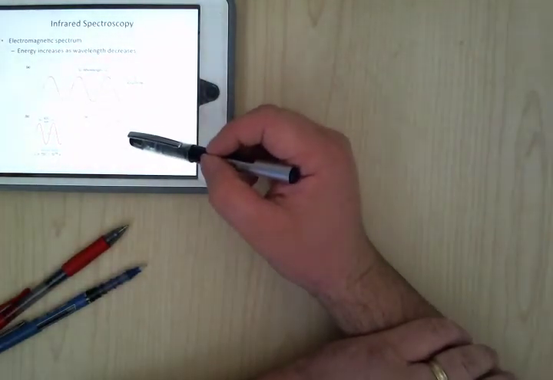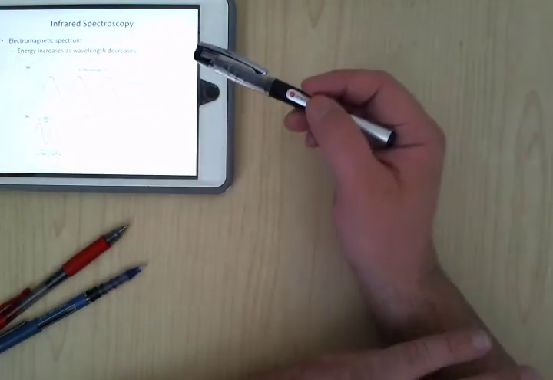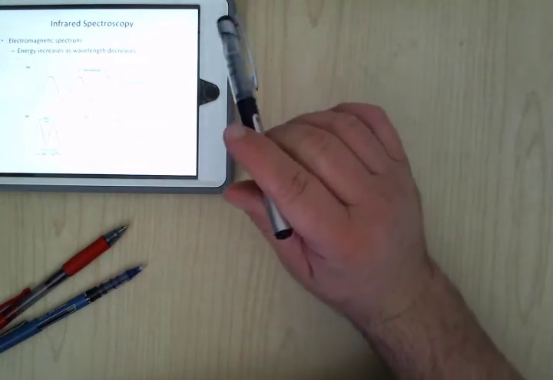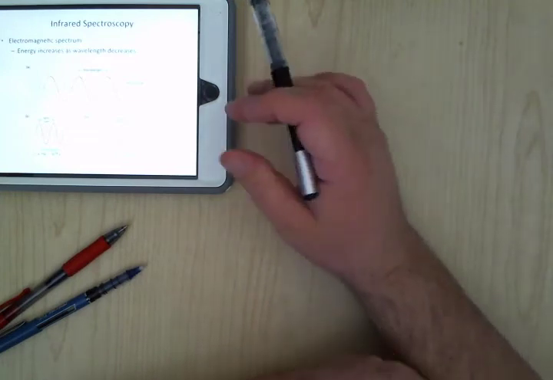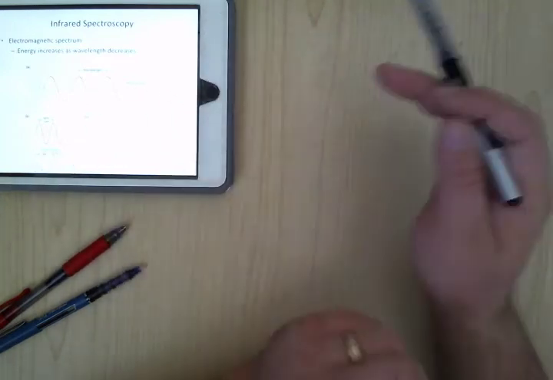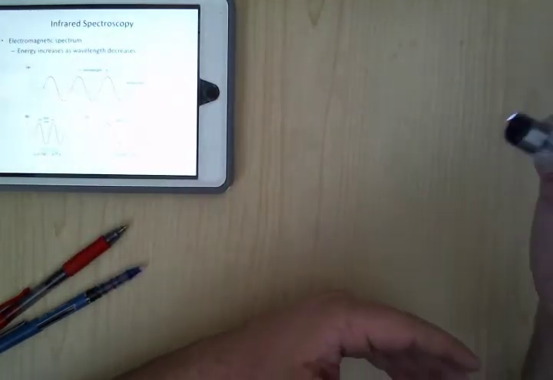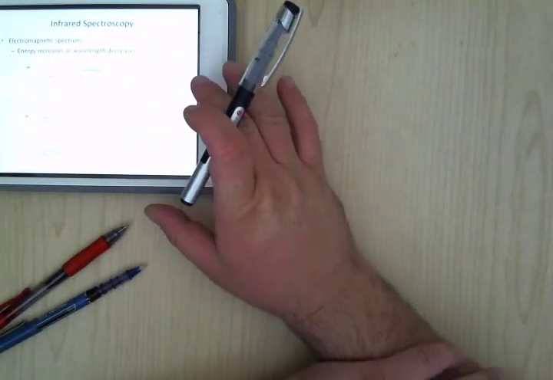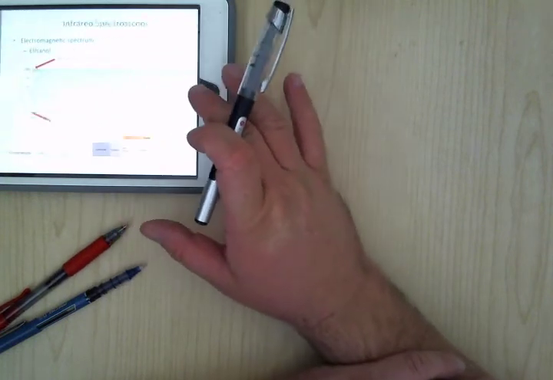But X-rays are very short wavelength, and those will give you cancer with too much exposure because they're very high energy photons. There's an inverse relationship between energy and wavelength, so shorter wavelength, more energy.